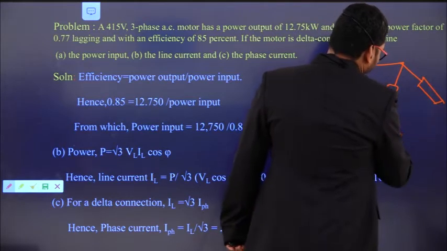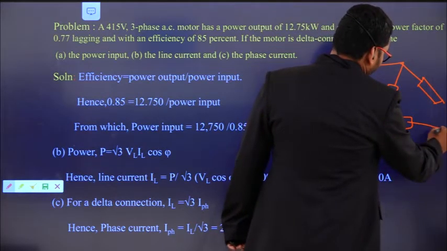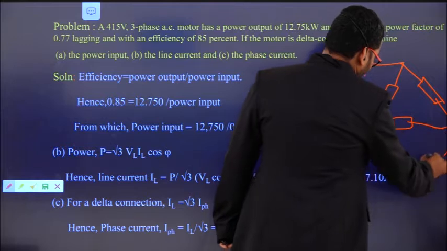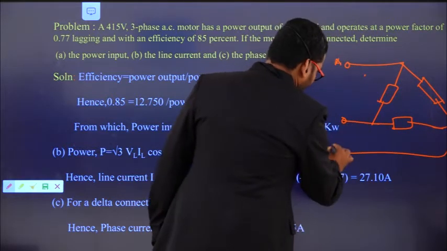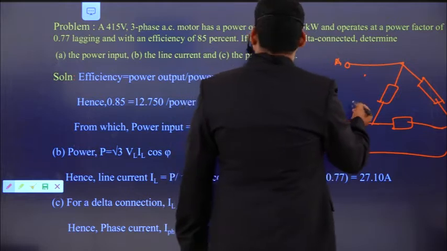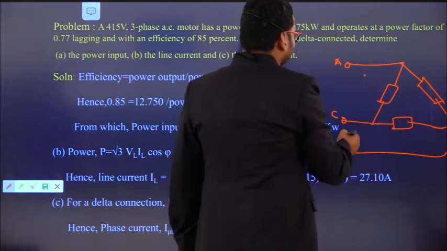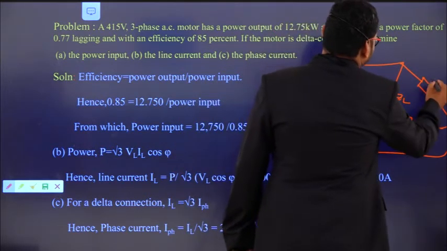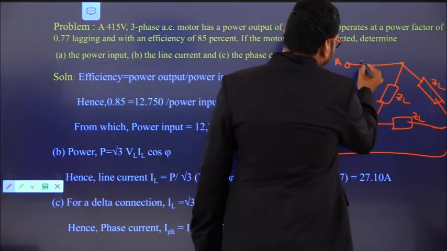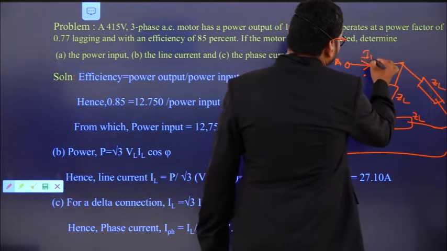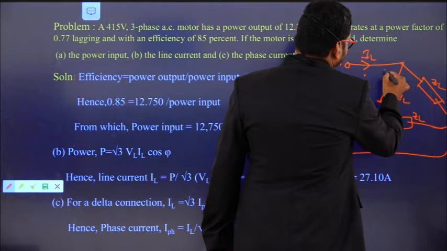This is the delta connected load, say ZL, ZL, ZL. Here he is asking to find out the line currents IL and phase currents, and also the power input. We have the power output. Say this is the supply.